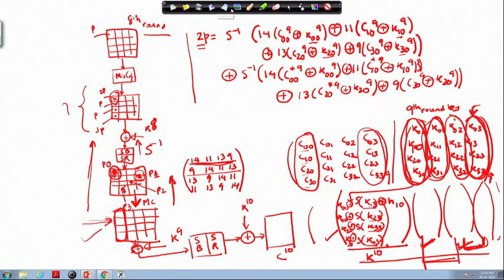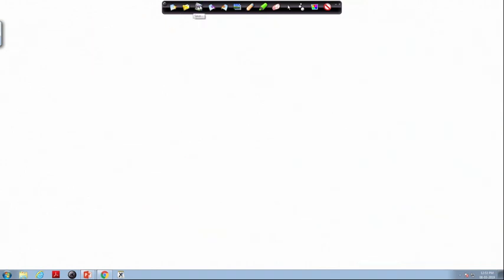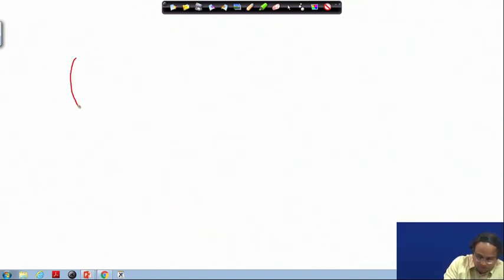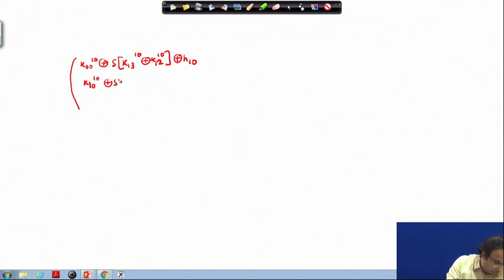So if you summarize this entire story, you can write the corresponding 9th round key in this way. You can write this as K0010 XORed with S of K1310 XORed with K1210 XORed with H10, and then the second one is K1010 XORed with S of K2310 XORed with K2210.